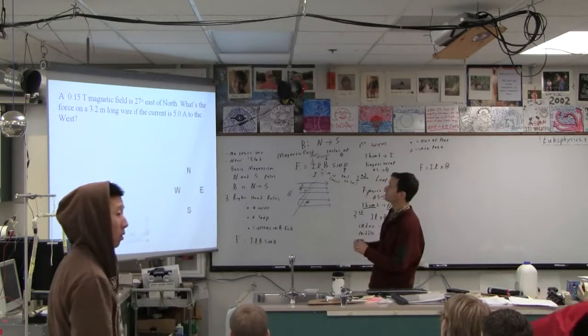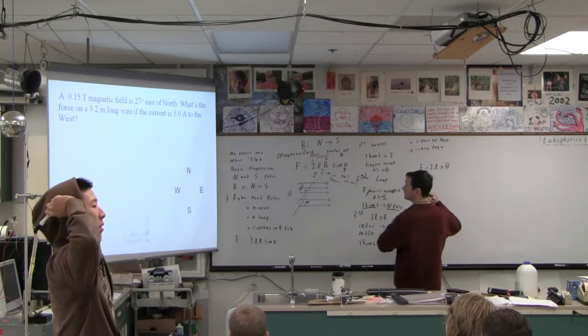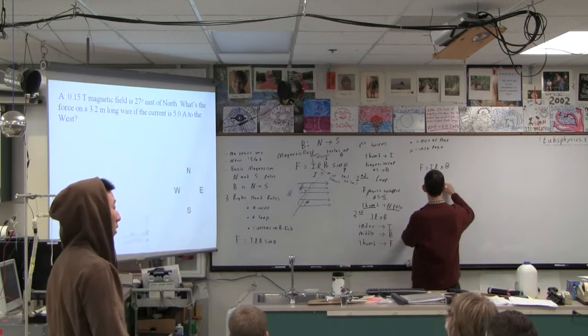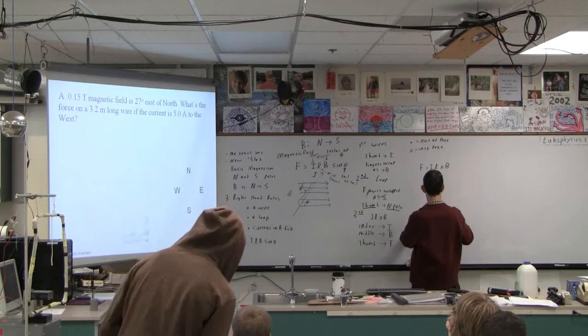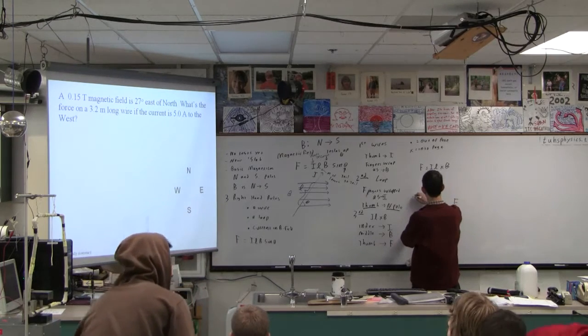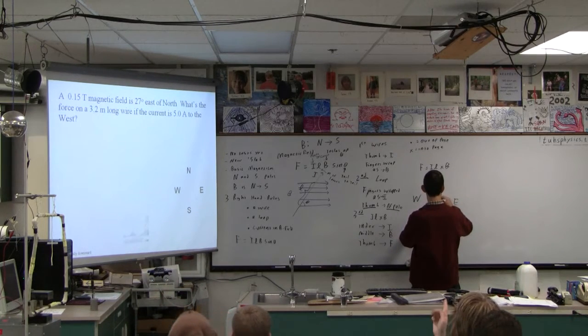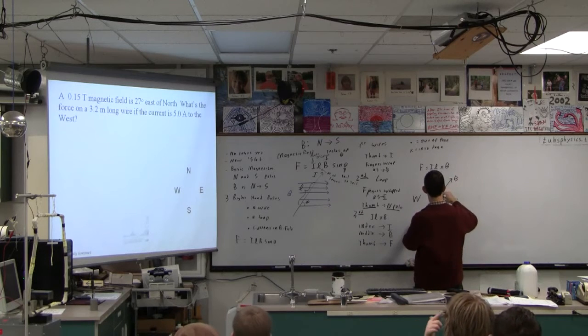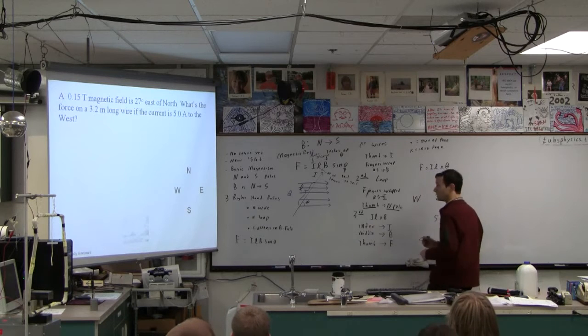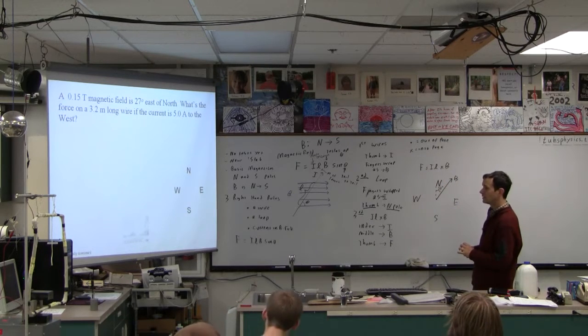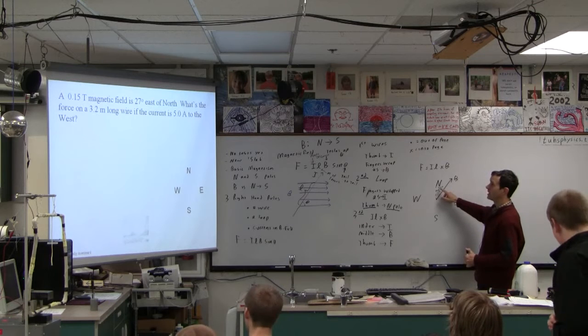So let's draw the picture. The magnetic field is 27 degrees east of north. So here is north and south and east and west, and the magnetic field is 27 degrees. Okay, so that is a 27-degree angle.